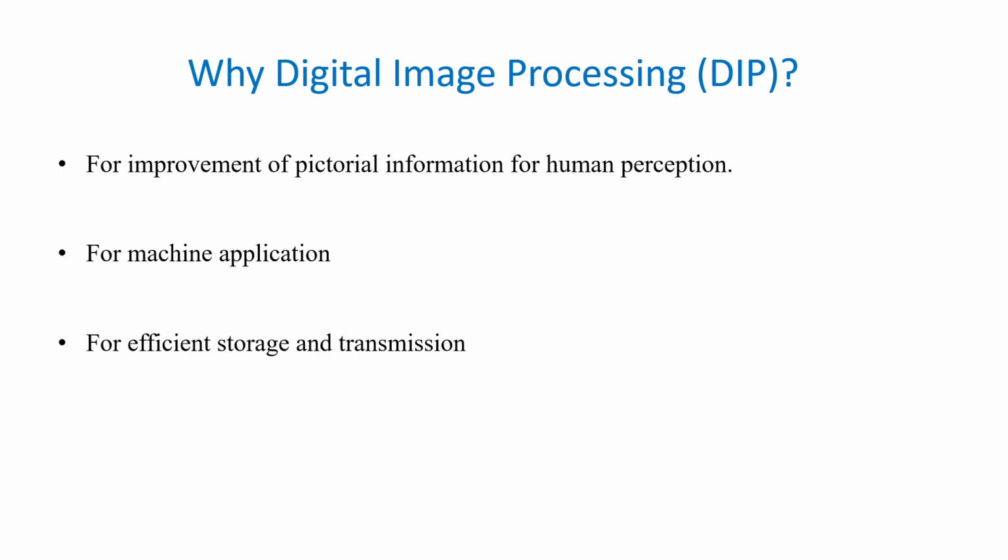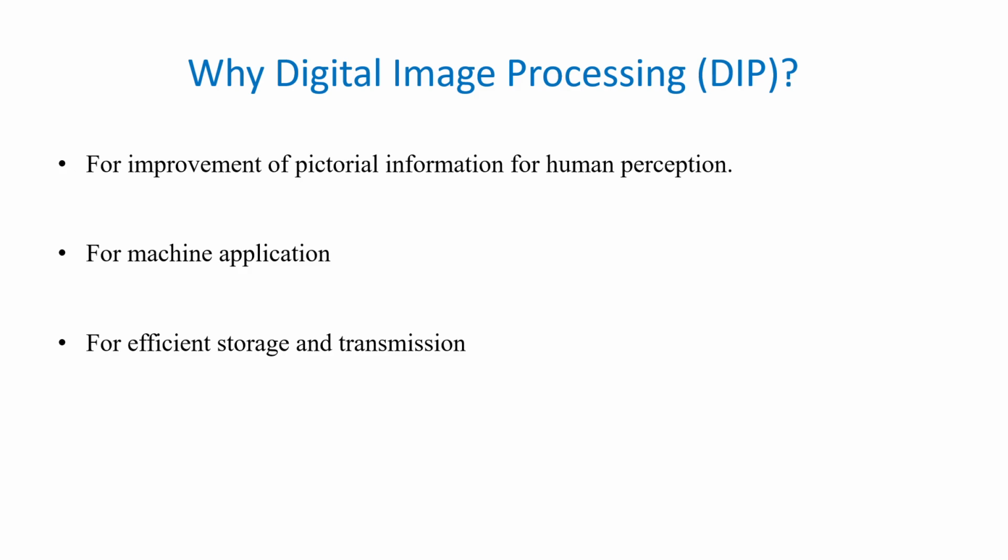That's why we need efficient storage and also efficient transmission. Suppose I send you a photo today, it should not reach you tomorrow. So efficient here means fast transmission. Efficient storage means minimum amount of storage without compromising on the quality of the image. So for either of these three reasons or all of them, we process the image that we have obtained.